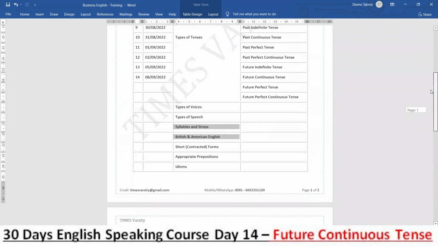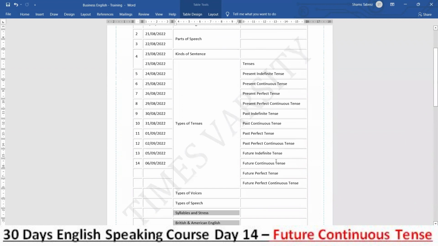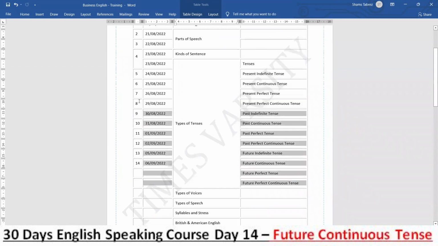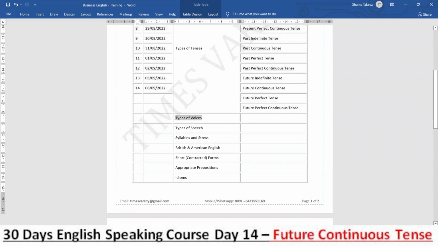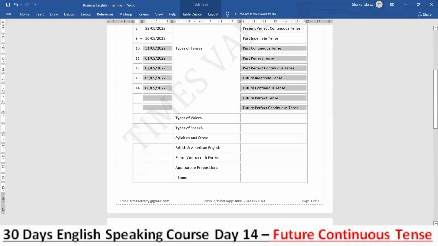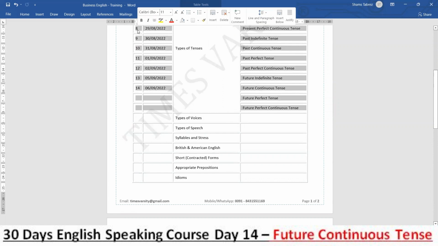If we understand these types of tenses, making a sentence will become very easy, and we can easily understand types of voices and types of speeches. That's why I'm emphasizing this and taking more time to explain it.